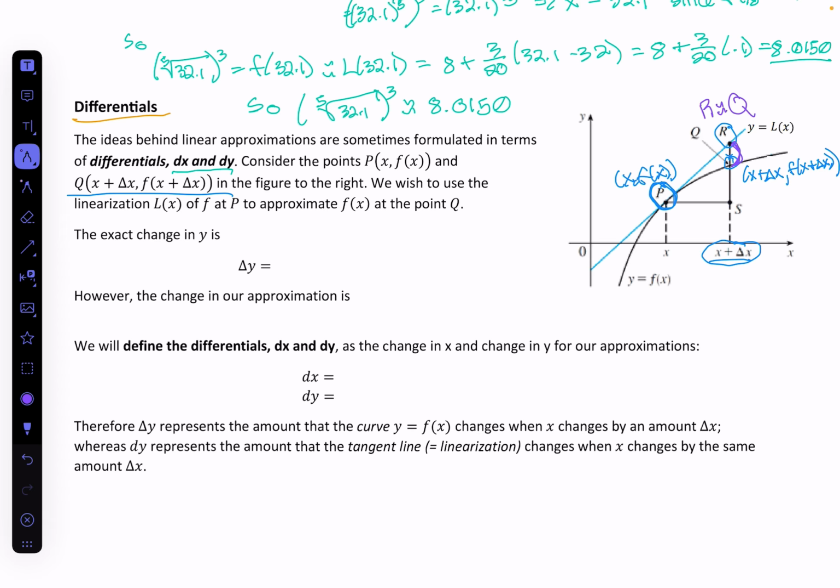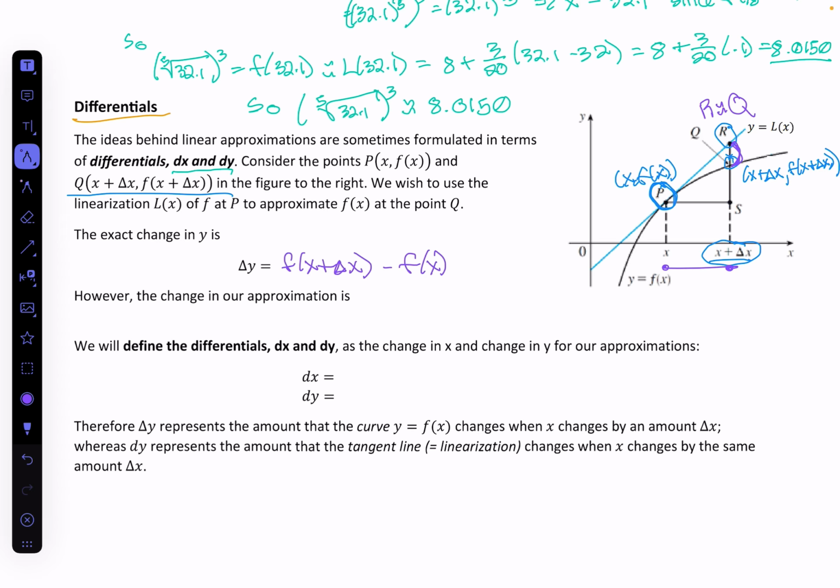Now, the exact change in y, if you move from the point x to x plus delta x, is going to be the exact difference between the function values, f of x plus delta x minus f of x.